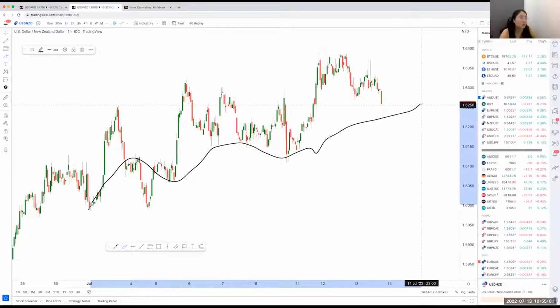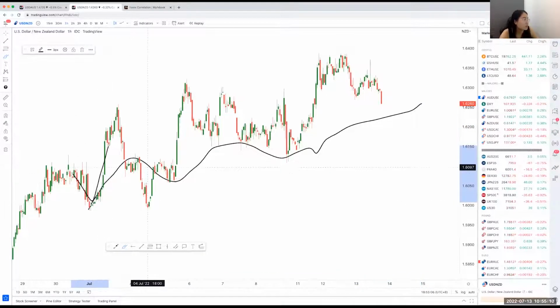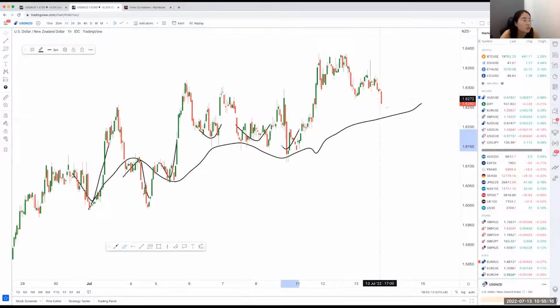Let's say this is the moving average that I think fits best. Why? Because price came here, bounce, came here, reverse, came here, bounce, came here, bounce, came here, bounce. So when price comes to my moving average again, I expect it to bounce again.